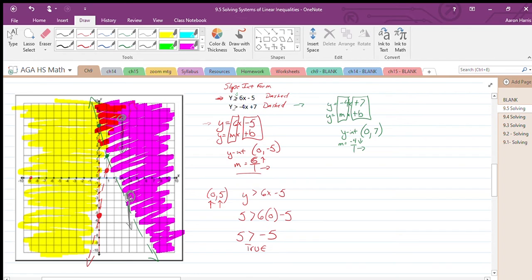So where's my answer? You guessed it, where they're double shaded, which is right in this area. So everywhere you see that dark blue is where it's true. The purple makes one line true, the yellow makes the other line true, the double shaded area makes both of these inequalities true.